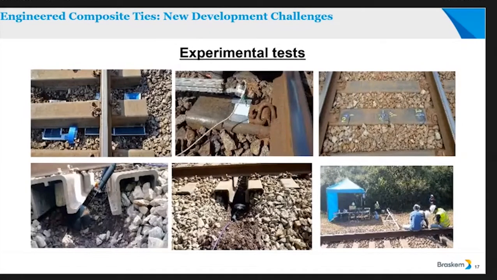But on the installation, you need to fill the middle. So this is going to be a challenge for us right now, because it's difficult to do mechanically. So probably by hand, sometimes, it's important to make sure it's filled, like a steel tie, right?